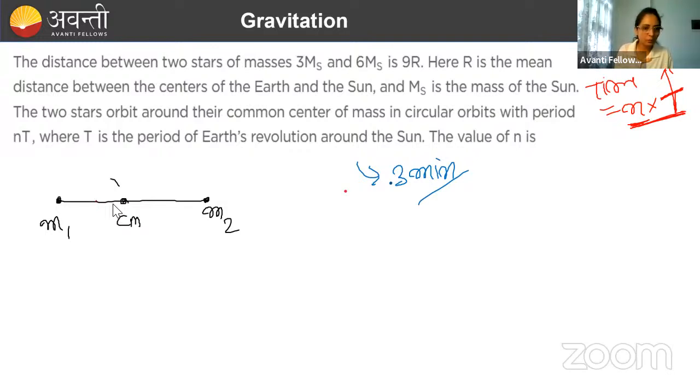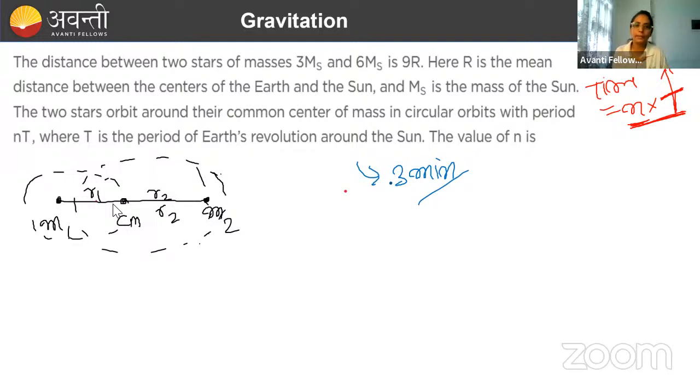So first mass will go around in a circle of radius R1, and second mass will go around a circle of radius R2, done. So what we have to do here, it is said that both these stars are orbiting in circular orbit with period NT. So just pick any one star and calculate the time period for that, done.